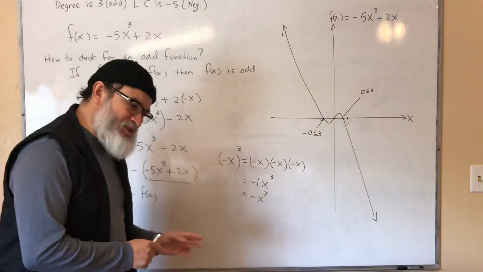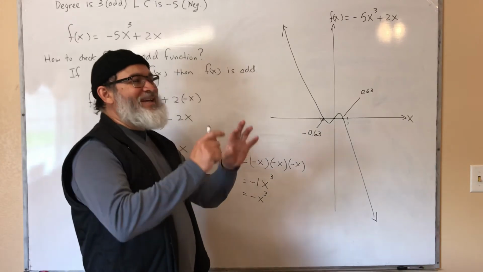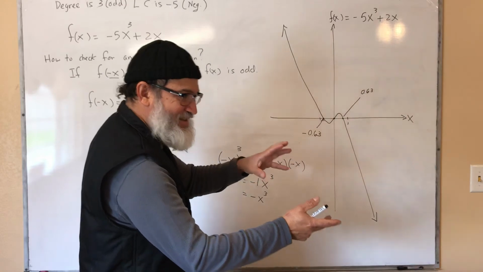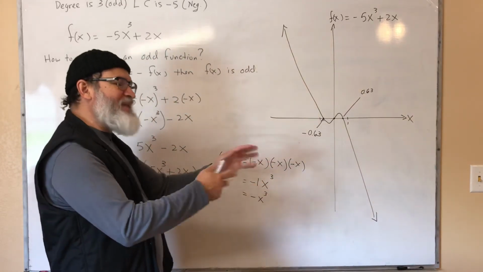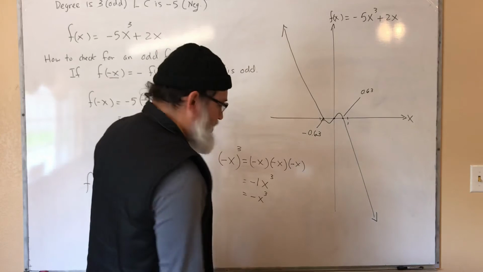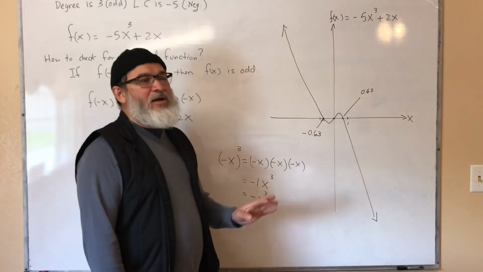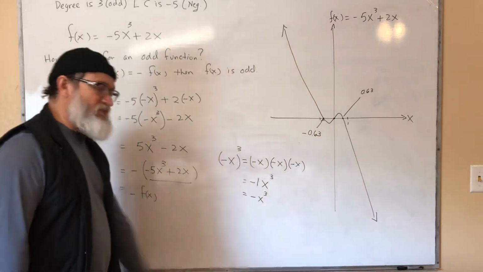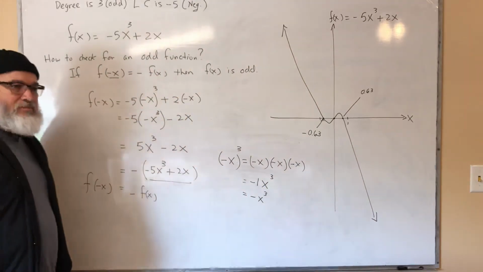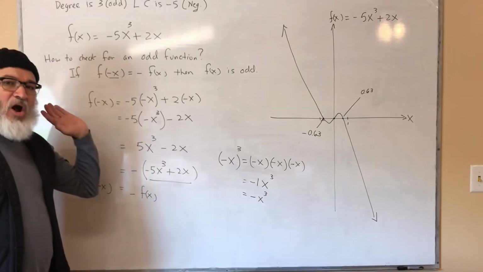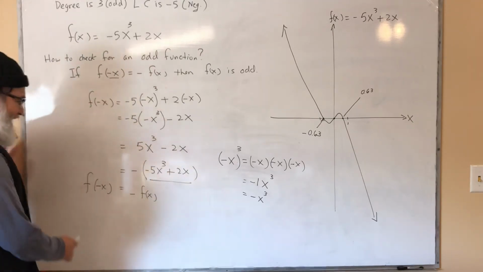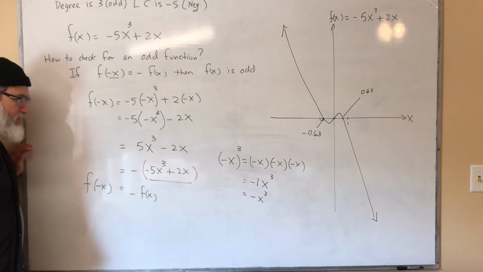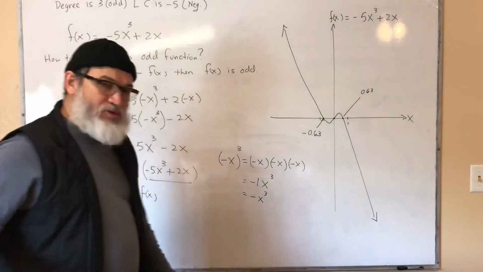If you have a function that repeats itself to the right of the y-axis, not in the opposite direction, we call it even. So this function is odd. And this is what you do to show that a function is odd. Almost done, okay? Almost done.